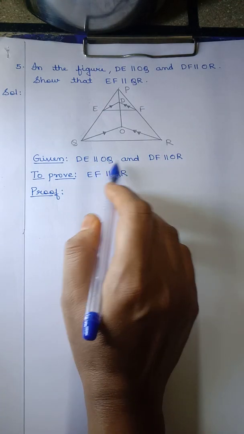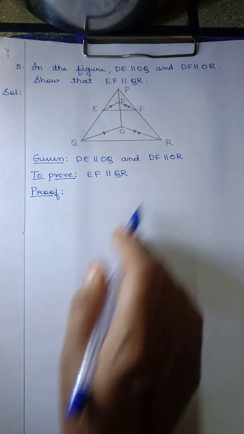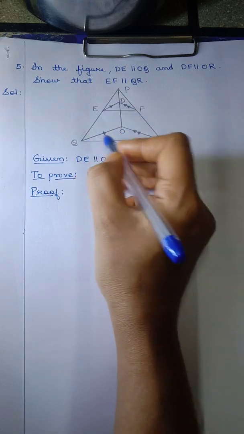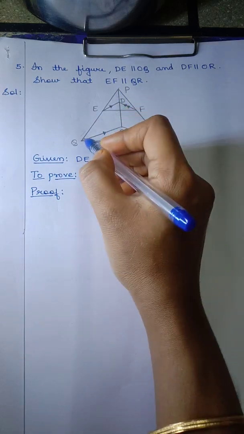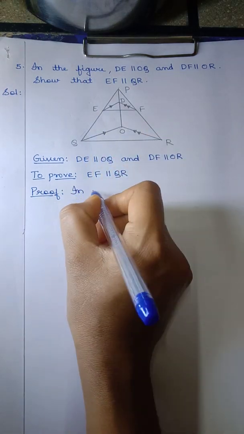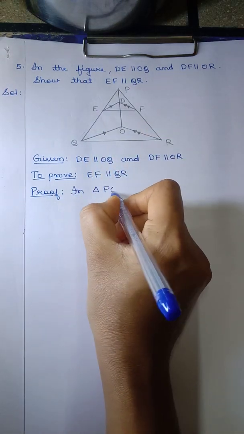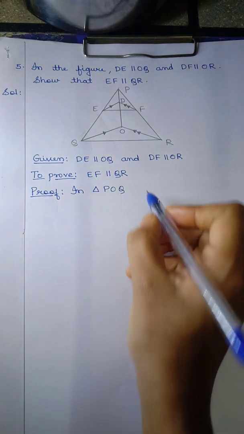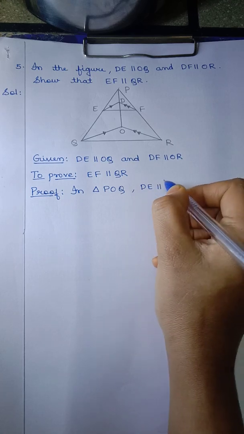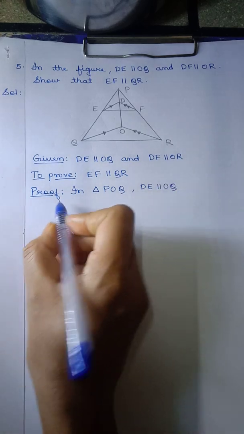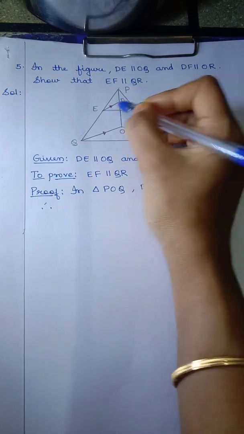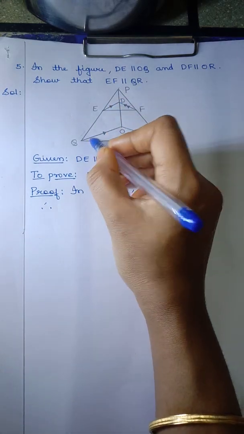So take those two triangles and frame the equations. Okay, so DE is parallel to OQ in triangle POQ. Okay, so take that triangle. In triangle POQ, we have DE parallel to OQ. Okay, so therefore DE is parallel to OQ.